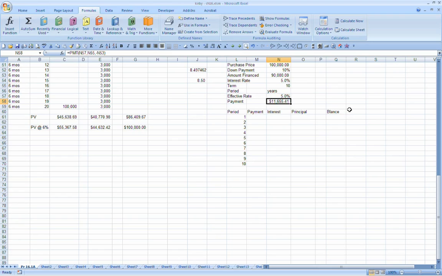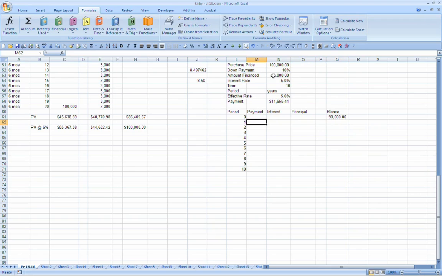The payment is $11,655.41 per year, as I've said right here. So my payment, let's see, I'm going to need a period 0. Period 0. The balance of my loan is how much? What I borrowed.